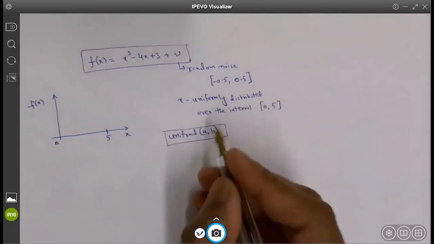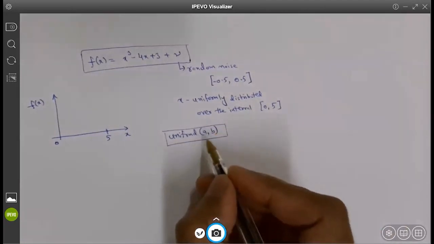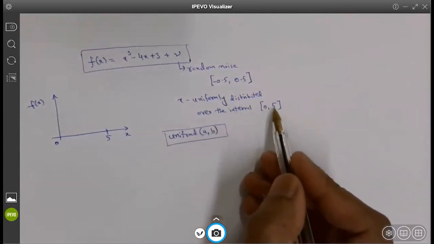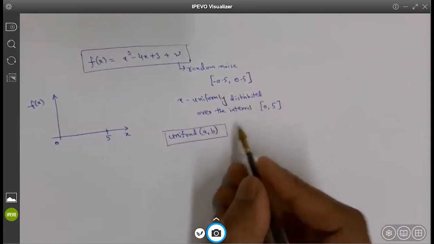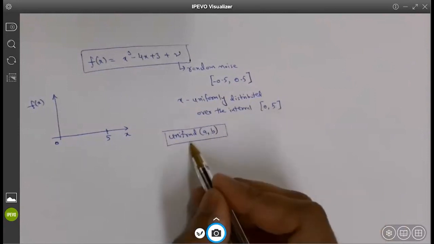MATLAB will give you a number between 0 and 5, coming from the uniform distribution.